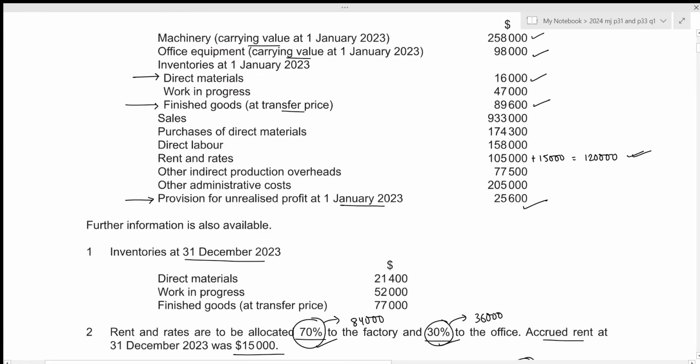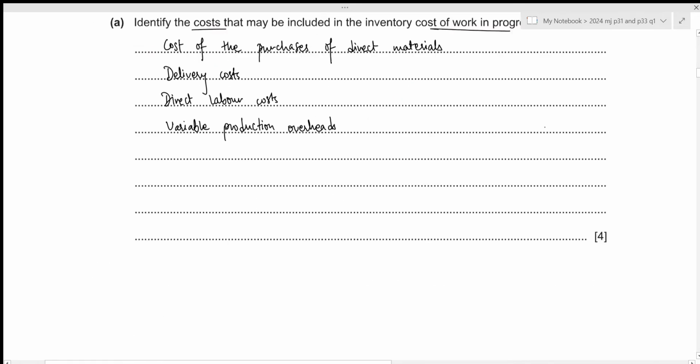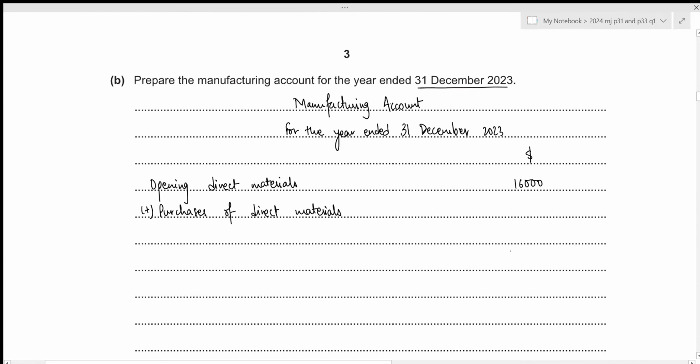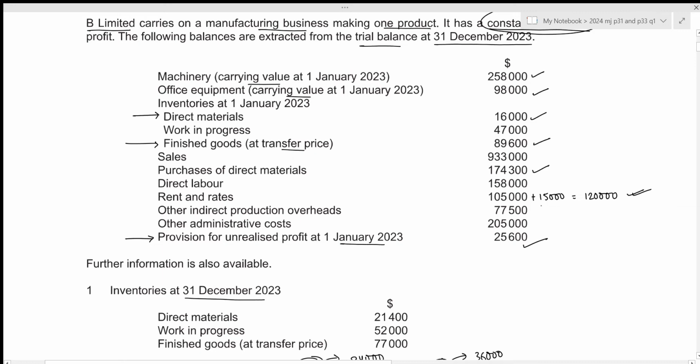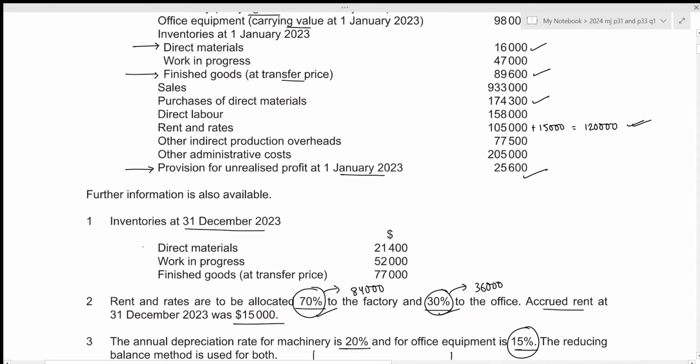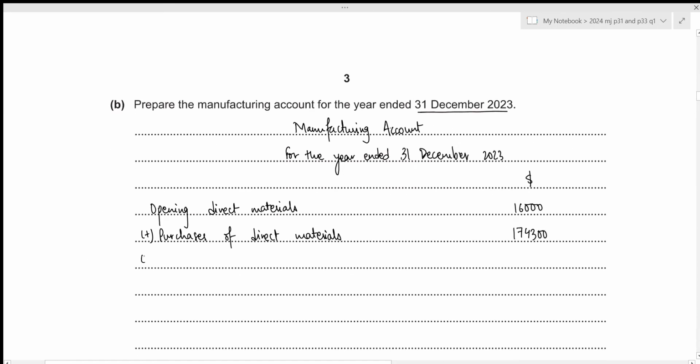So the purchases of direct materials is 174,300. Let's take a look for any carriage inwards. In this case, we do not have any carriage inwards, so we can just include the closing direct materials inventory, which is 21,400. And that will be subtracted.